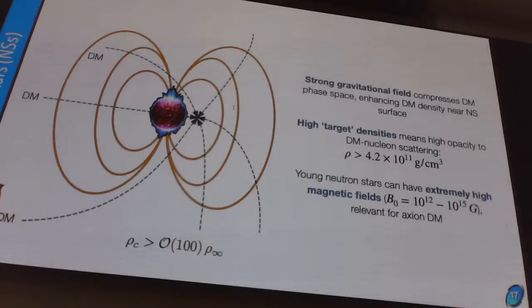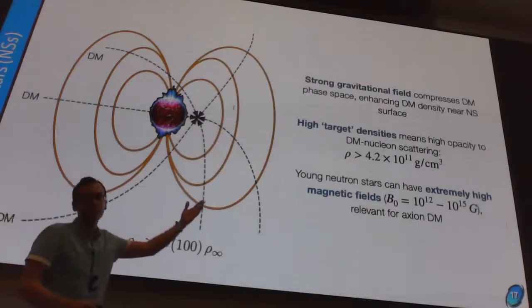The reason that neutron stars are so great when it comes to dark matter searches, well, there are a few reasons. One of them is that they have a strong gravitational field, so as dark matter falls in towards them, you compress the phase space density, you compress the physical density of dark matter. And so you can capture more dark matter than you would otherwise with something less heavy, less dense. They act like giant direct detection experiments.